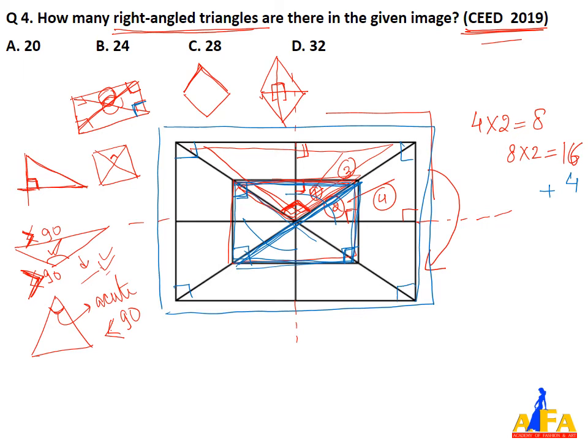So 90 degree and 90 degree. So this will also form a right angle triangle. So 4 triangles will be formed. So the answer will be 24. So 24 is the correct answer for this.